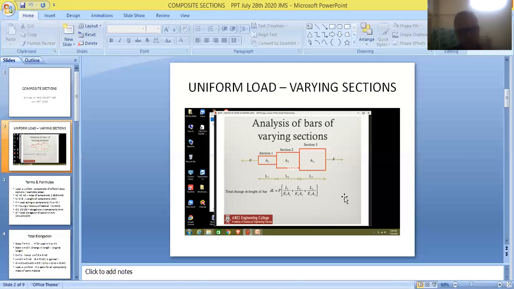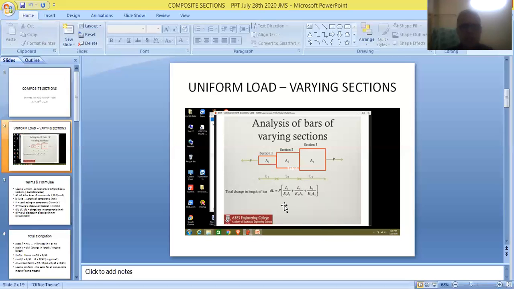So for solving a problem on any topic, we need 4 parameters: capital P, small l, capital A, and capital E. All the equations, not only this equation, but the equations of other topics also, are to be expressed in terms of 4 parameters: load acting on the section, individual areas of components, individual lengths of components, and Young's modulus of the material used for making the components.